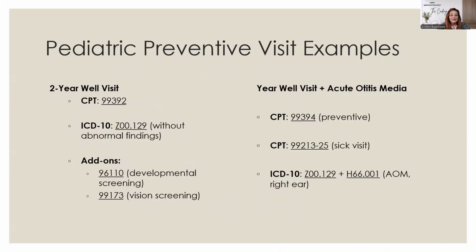Pediatric preventative visit examples. 2-year well visit. The CPT code would be 99392, and you would code the applicable ICD-10-CM codes for the diagnoses. If the documentation supported, you could code the CPT add-on code 96110 for the developmental screening and 99173 for the vision screening.